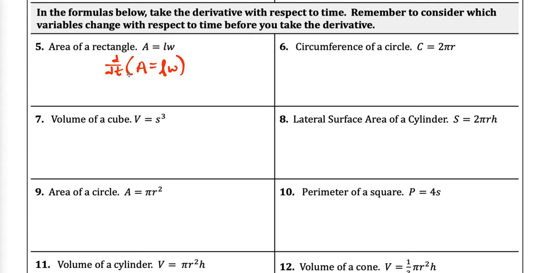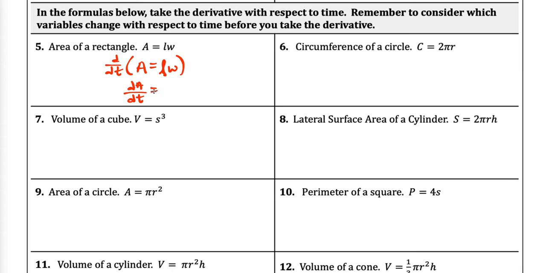So derivative of A is just going to be derivative of A. How would I take the derivative of the right-hand side? I'm hoping it kind of sticks out to you.